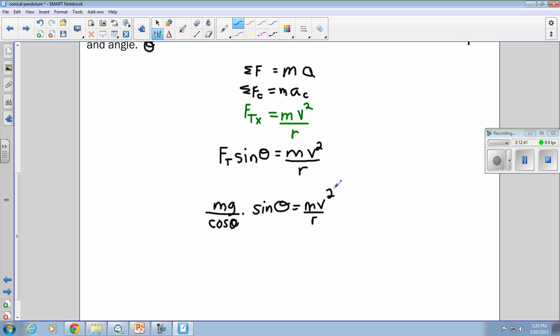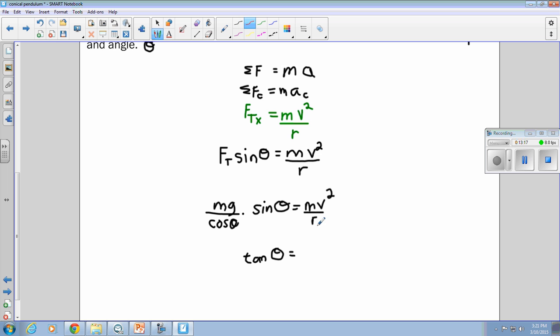And again, we're going to try and derive the equation for velocity in terms of the radius and the angle theta. Hopefully you can see that we have a sine theta over cosine theta. That reduces down to tangent theta. If you're unsure about why that is, you can look that up or ask me in class, but sine theta over cosine theta is equal to tangent theta.